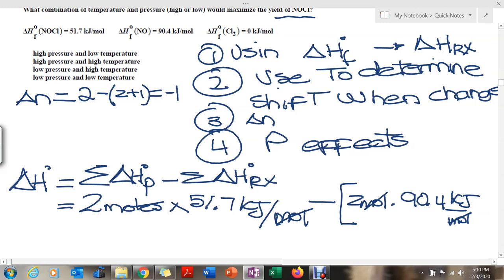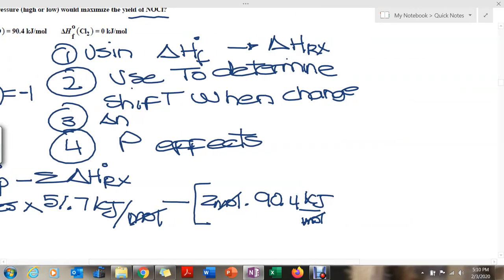Okay, and then we have the chlorine, which is 0. Any substance, if you remember, in the uncombined state, when it's not forming a compound, is 0. The enthalpy of formation of chlorine is 0.